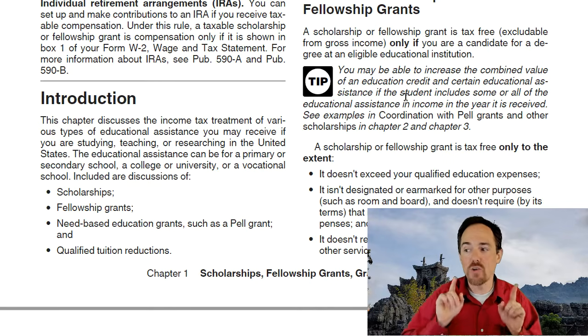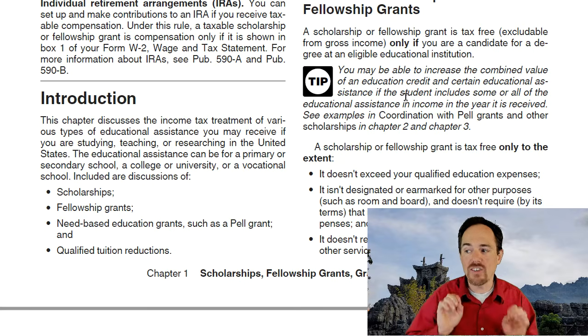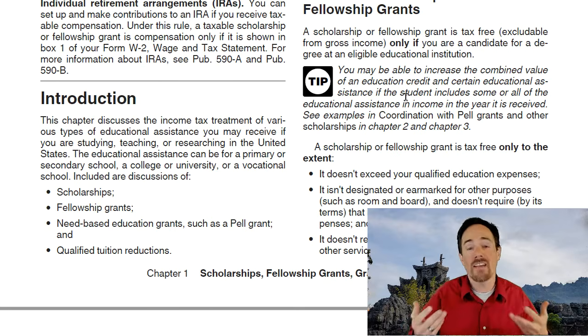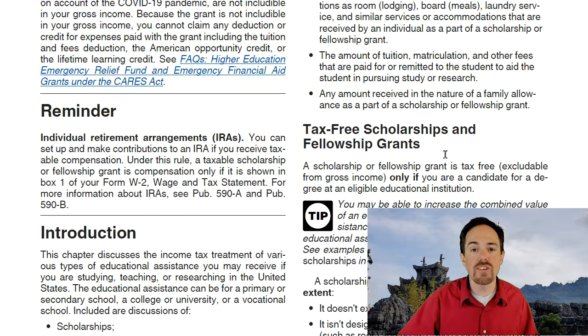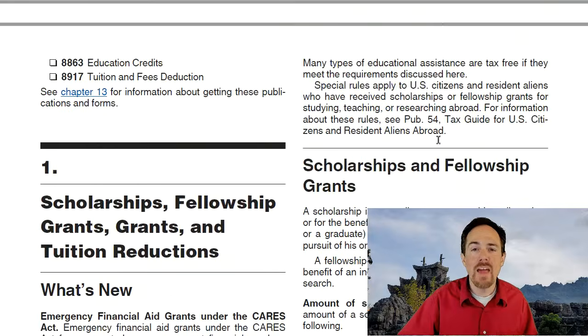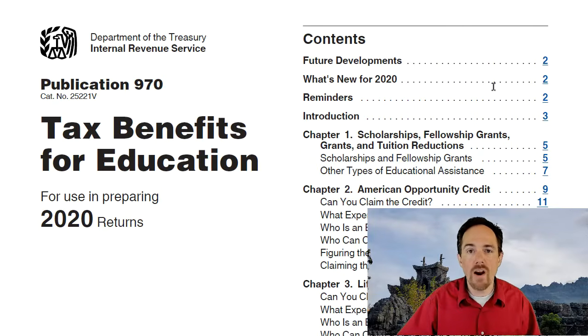You may be able to increase the combined value of an education credit and certain educational assistance if the student includes some or all of the scholarships, that's the education assistance, in income in the year it is received. And then you are to see the examples in coordination with Pell Grants and other scholarships in chapters 2 and 3. Once again, that's the tip that many tax preparers are unaware of and don't know how to do correctly.